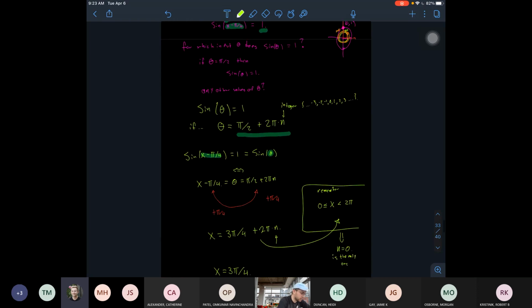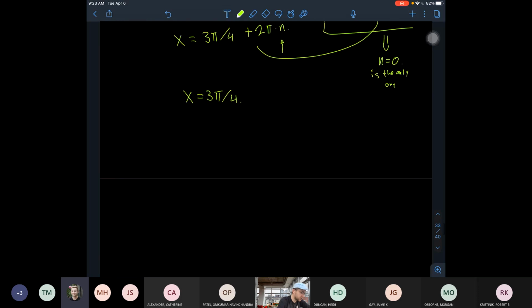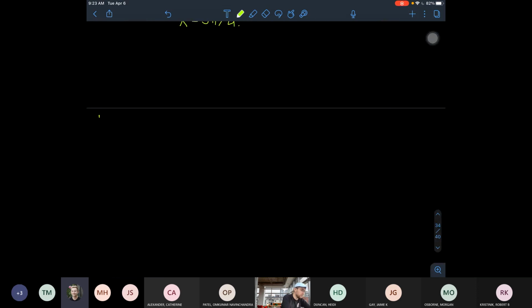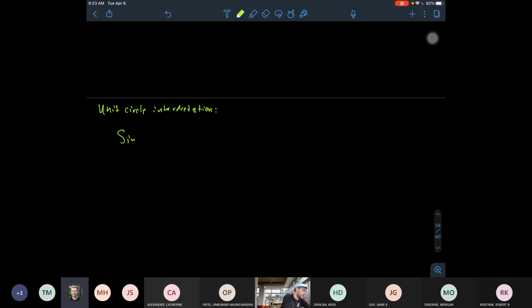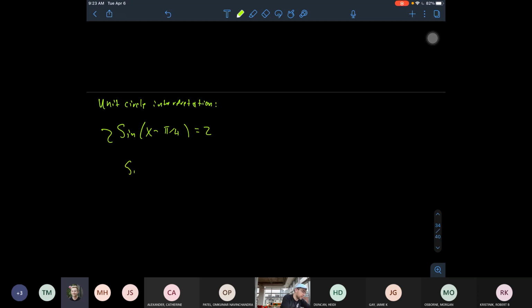Okay, let's see the final interpretation. We have 2 sine of x minus pi over 4 is equal to 2, which again, I'm going to simplify to say sine of x minus pi over 4 is equal to 1.